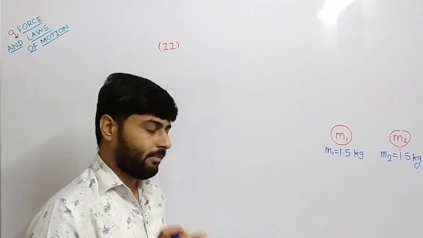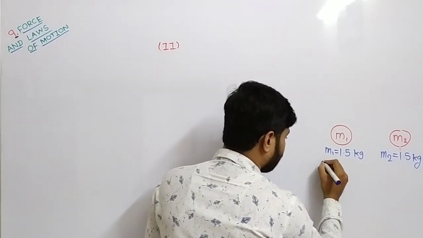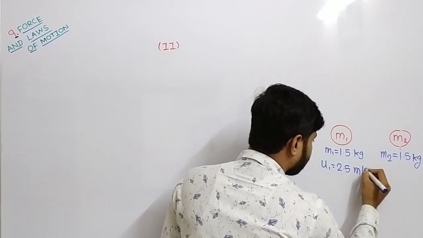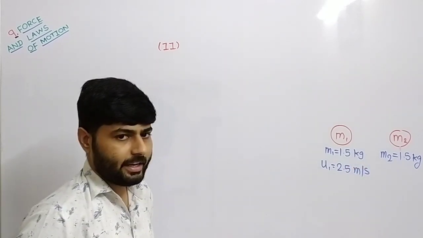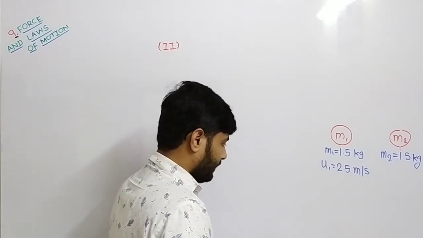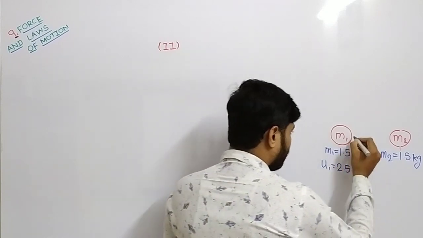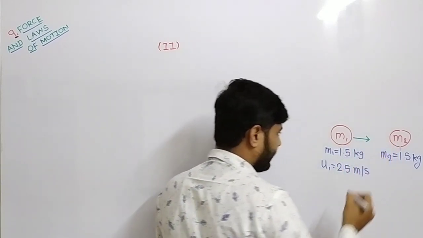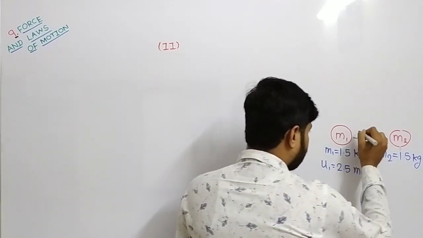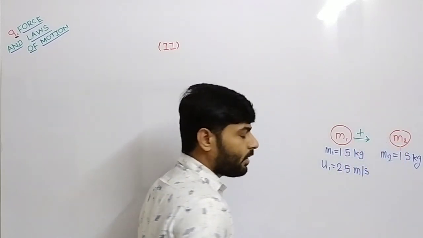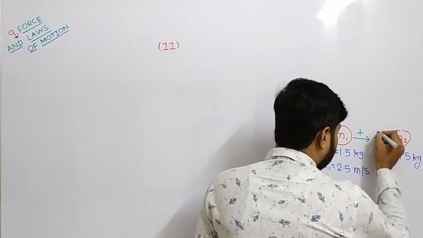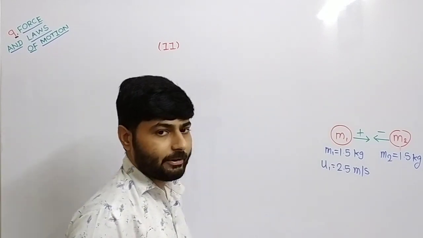Both move with the same speed, that is initial velocity U1 is equal to 2.5 meter per second, and here is the important point. If I consider this ball is moving in this direction, to the right, and I consider the right direction as positive, then I must take the left direction as negative.